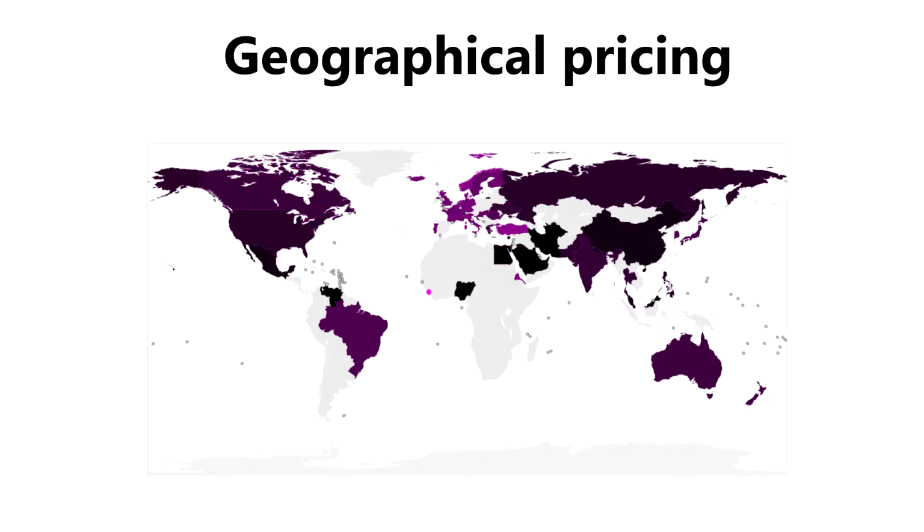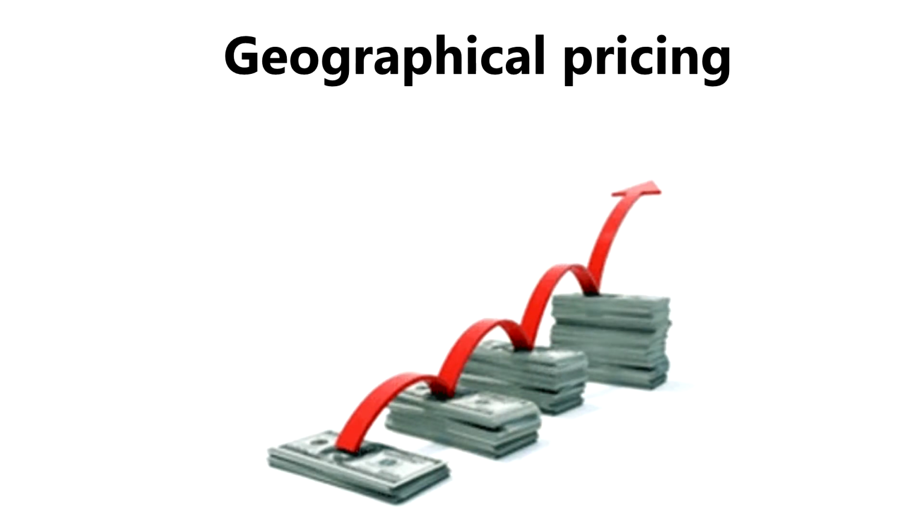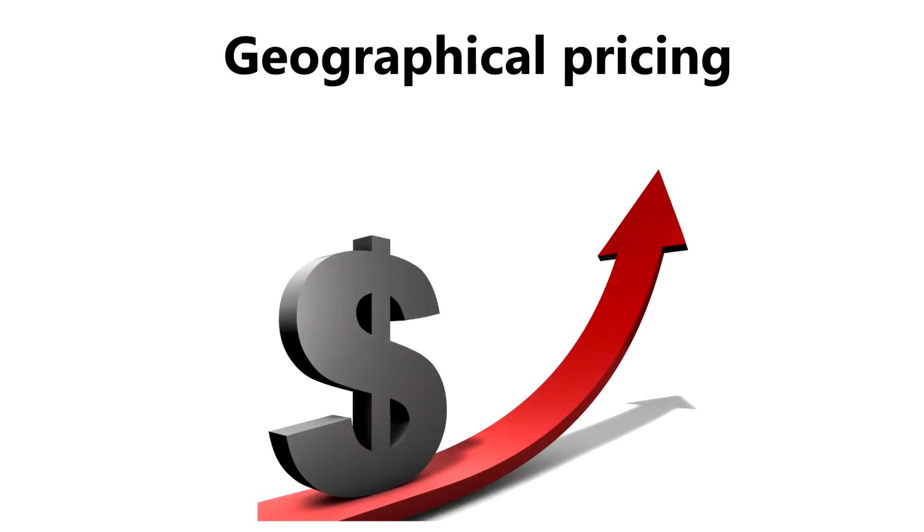Geographical pricing is used for customers in different parts of the country or the world. Should the company risk losing the business of more distant customers by charging them higher prices to cover the higher shipping cost?